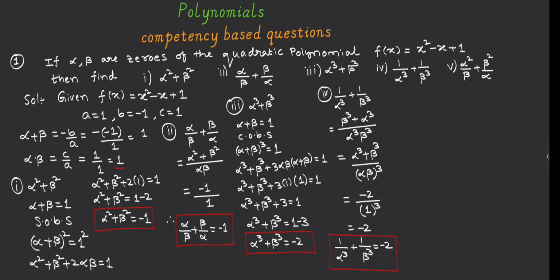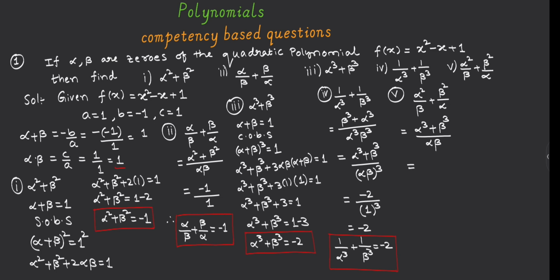Now fifth question, we want alpha square by alpha plus, we want alpha square by beta plus beta square by alpha. Again we take LCM here, it will be alpha cube plus beta cube by alpha beta.